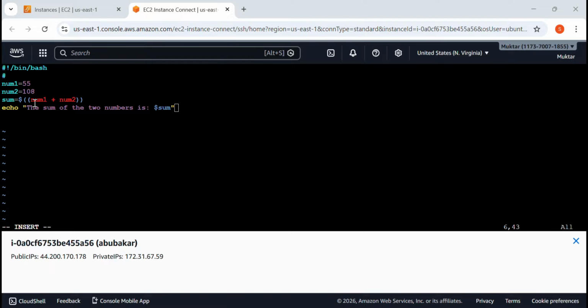That is our arithmetic expression telling bash to calculate what is inside here. Inside the parentheses we have num1 + num2. So bash looks up num1 and num2, and the expression tells bash that this is 55 plus 108. So let us now close this and see whether it actually adds everything together.